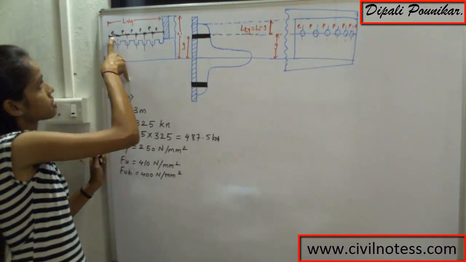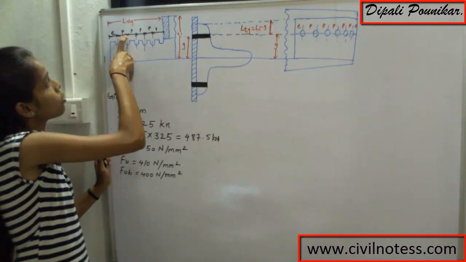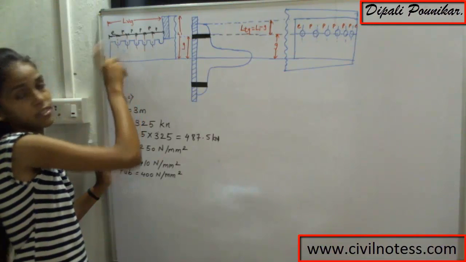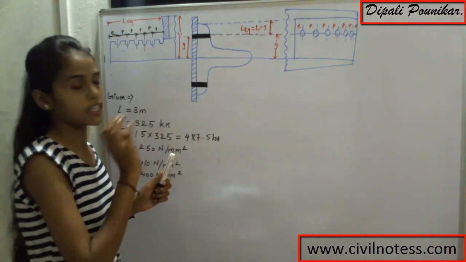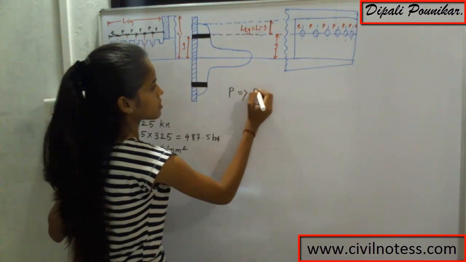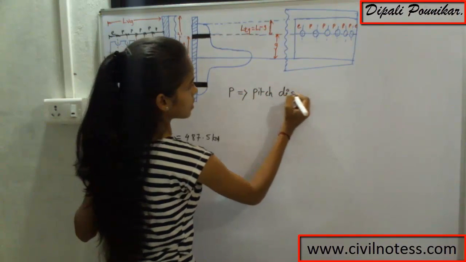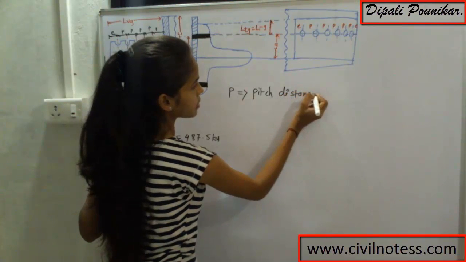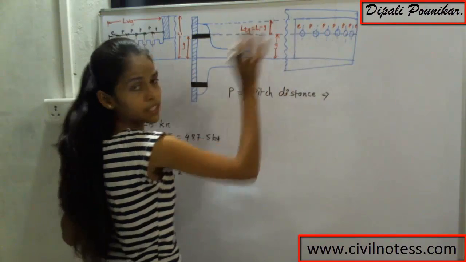After that, the edge distance, and the bolt to bolt connection is the pitch distance. These are some notations which are used in the tension member. P means pitch distance, that is the center distance between the two bolts.